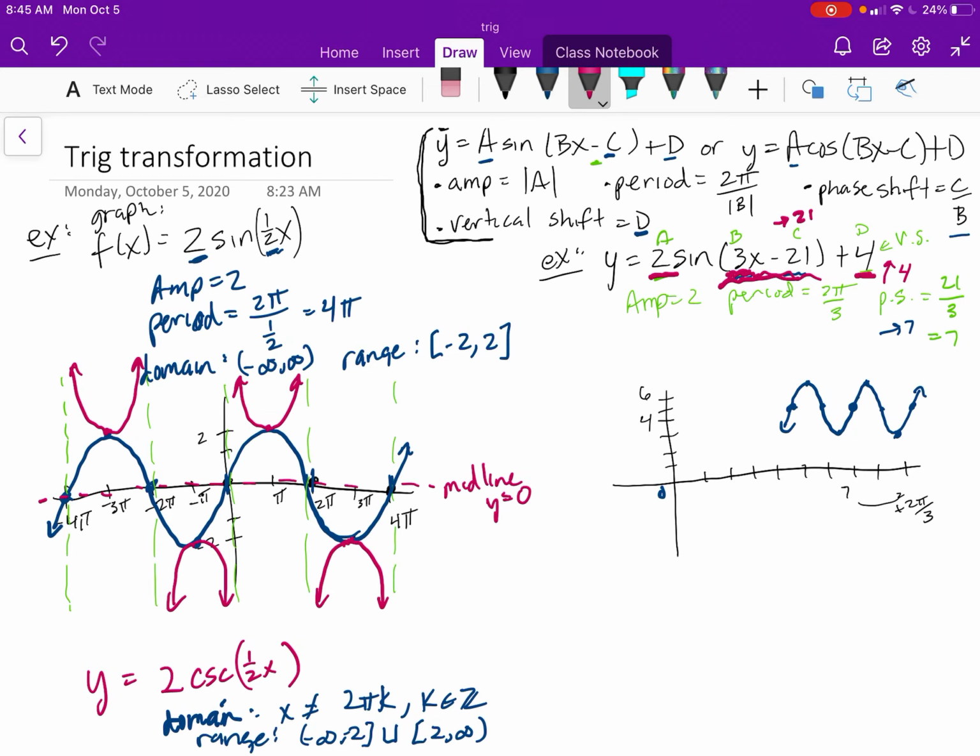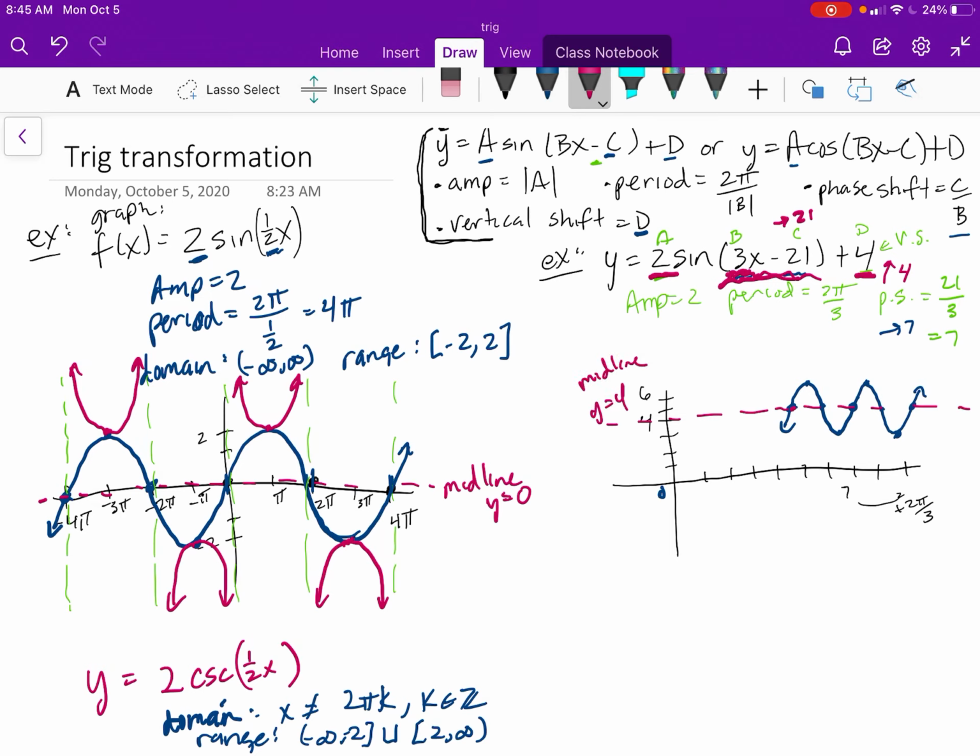And the last thing, if I did ask again, just like the other one, cosecant, I would still do everything I have here and then draw in everywhere where that midline was, right? Y equals 4. We had that midline.